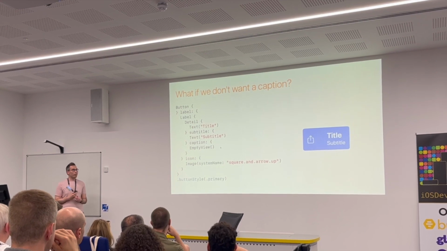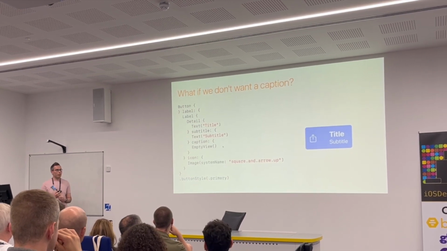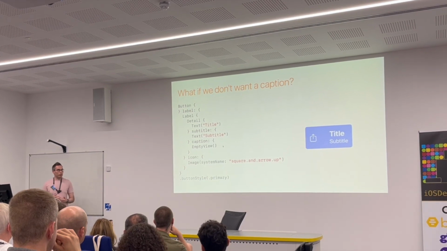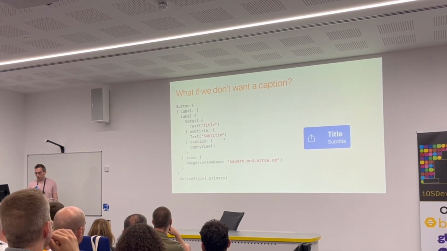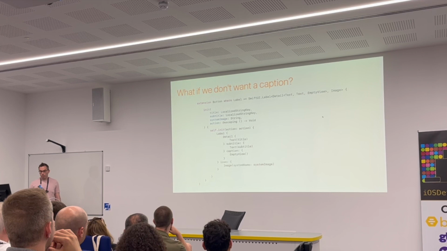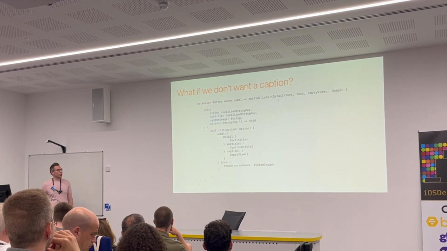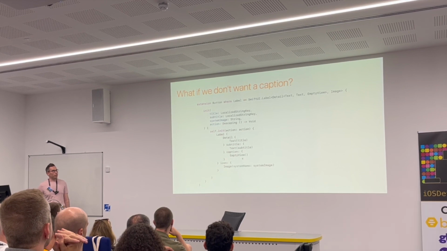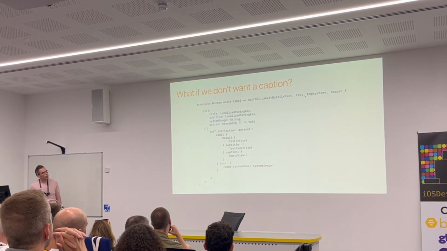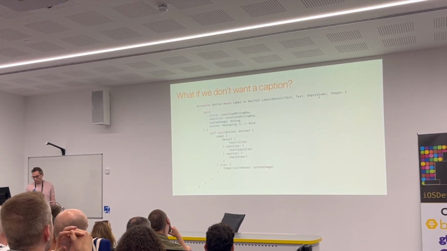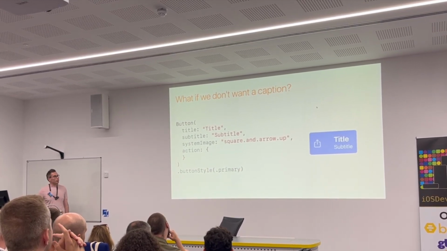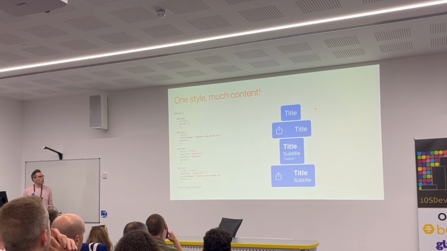This is really powerful when making design systems because it stops you from having to implement so many different variants, because you can just omit it with an empty view. And again, you can make a specialized initializer which just doesn't have the caption inside of it, and then use empty view as your generic parameter in the detail. And that works as you might expect.